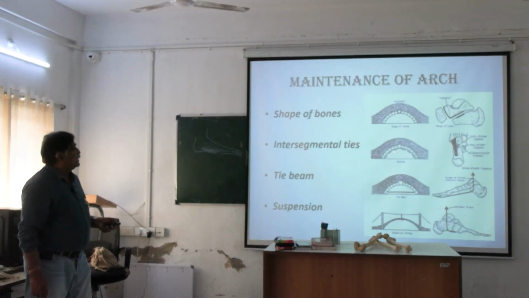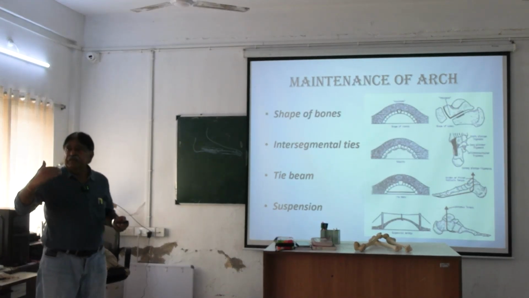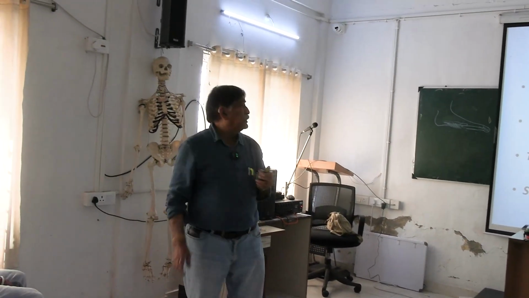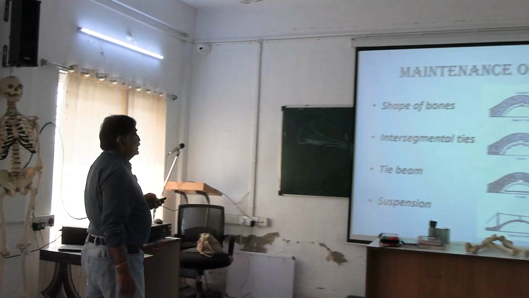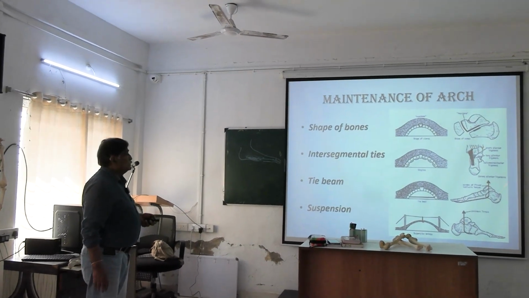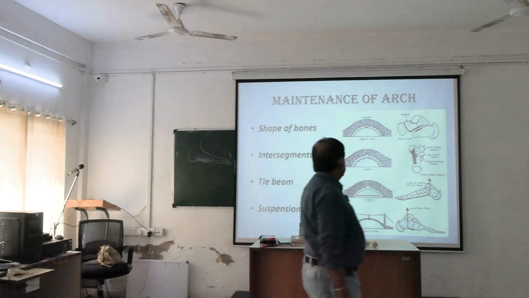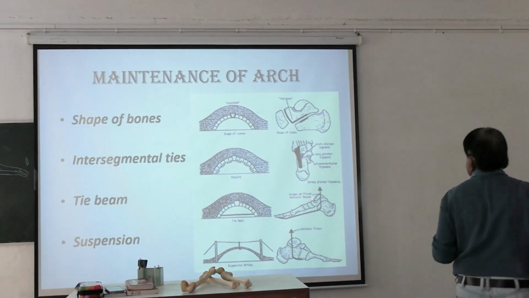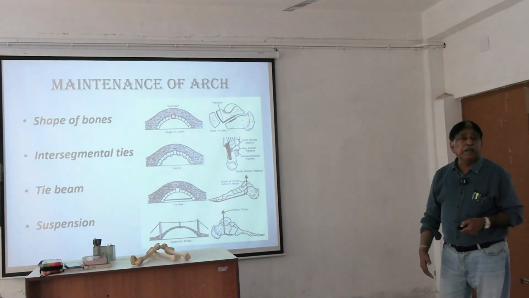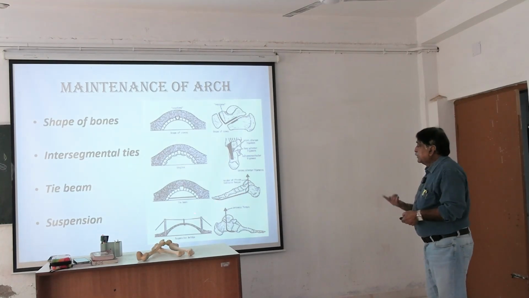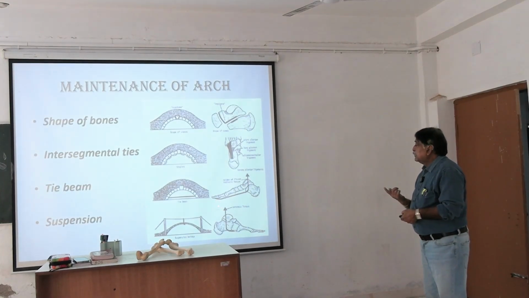Intersegmental ties: the three segments are tied with ligaments, the tie beam. The tendon of flexor hallucis longus you will see when you dissect the leg, at the base of the fifth.